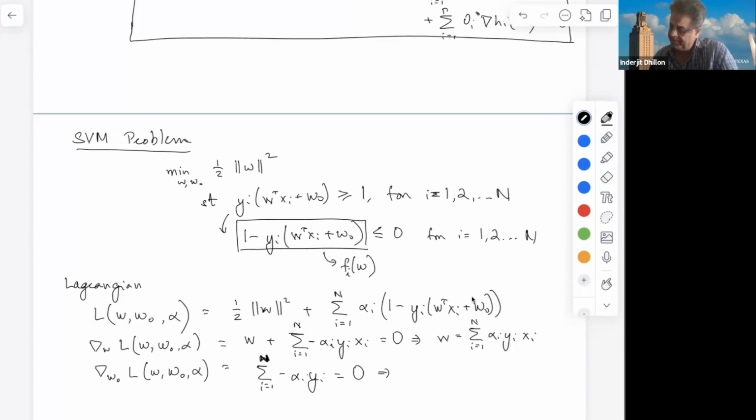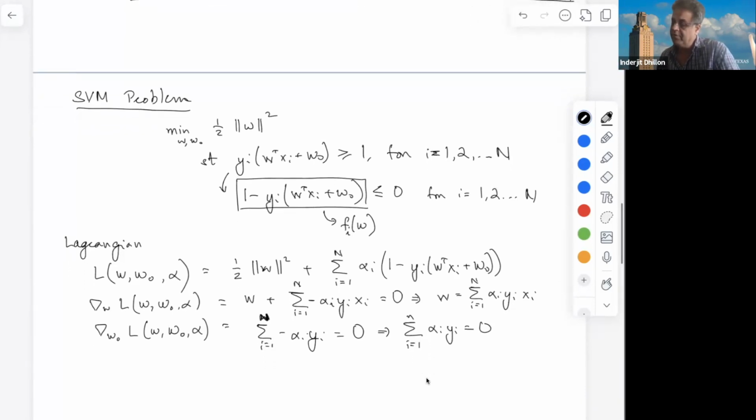So that means that you actually have a little balancing constraint, which means that the summation of the alpha i's from class 1 is equal to the summation of alpha i's from the other class, because yi is +1 for class 1 and -1 for class 2.